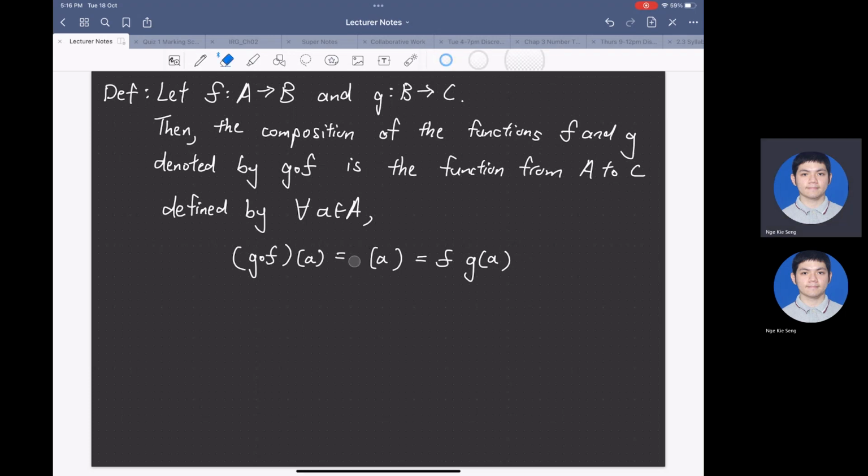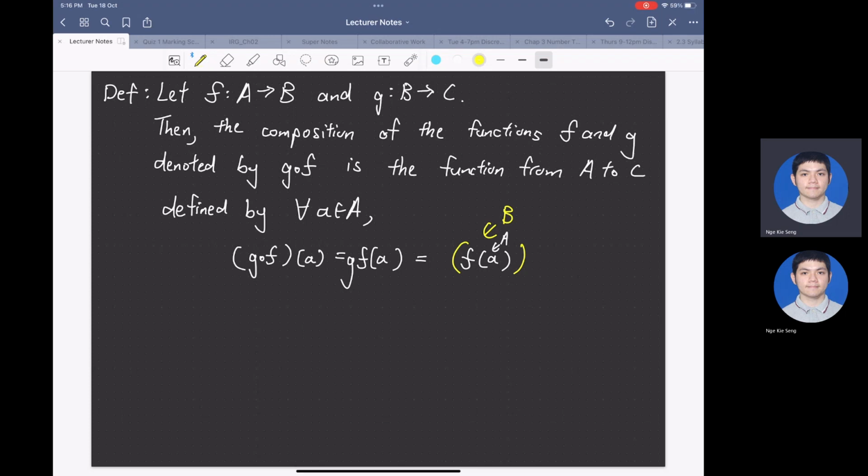Because F takes elements from A. So we take A, and then we take F on A, and then this will go to B, right? So I should write A is in A, and after that, A will get sent by F to B, okay?